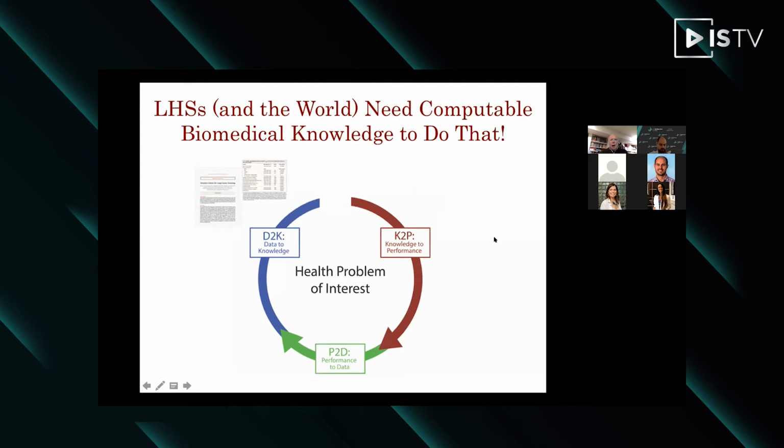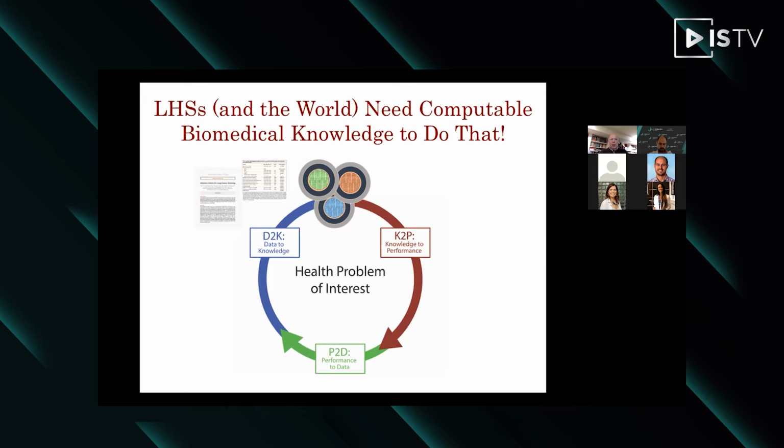I would submit to you that learning health systems and more generally the world, to be modest, need computable biomedical knowledge to jump this gap. And we're going to represent computable biomedical knowledge, not by one, but actually by a combination of these knowledge objects, for reasons that I will get into in just a moment.